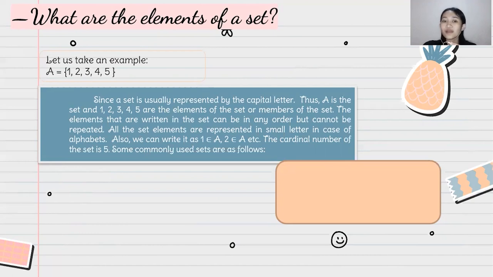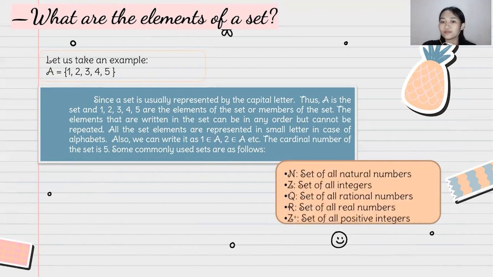All the set elements are represented by small letters in the case of alphabets. Also, we can write 1 is an element of A, 2 is an element of A, and so on. The cardinal number of the set is 5. Some commonly used sets are as follows.